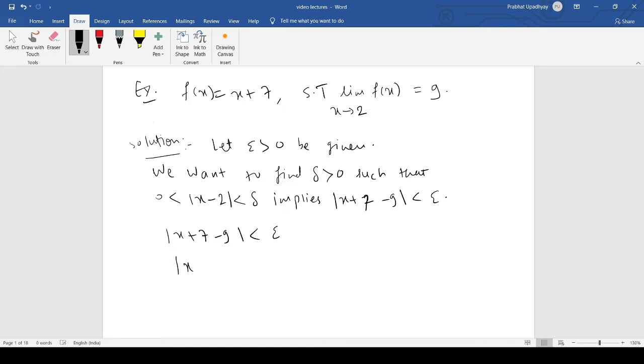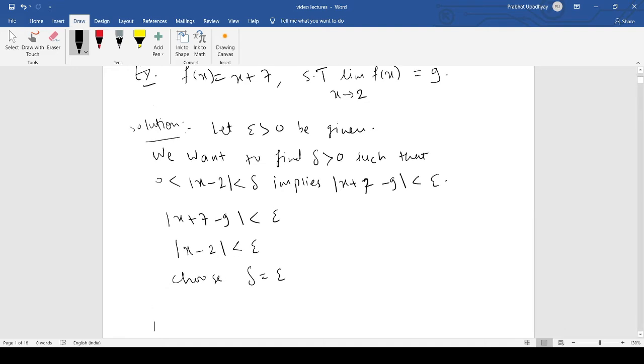Now this is the same as mod x minus 2, since 7 minus 9 is minus 2. So if we want a condition on mod x minus 2 only, we can choose our delta equal to epsilon directly. In this case, 0 less than mod x minus 2 less than delta will clearly imply mod x minus 2 is less than epsilon.